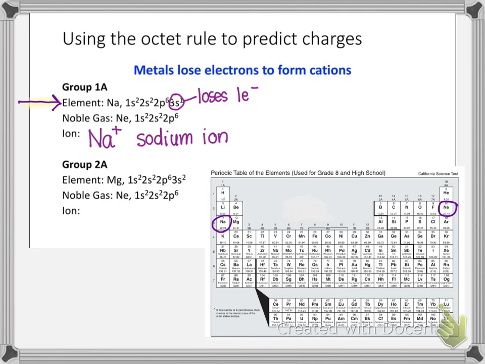Now here's the really great thing, and this is what I want us to think. It's a pattern. Every single atom in this row has 1 valence electron, and so all of them will lose that 1 valence electron to be like the noble gas that's over here.